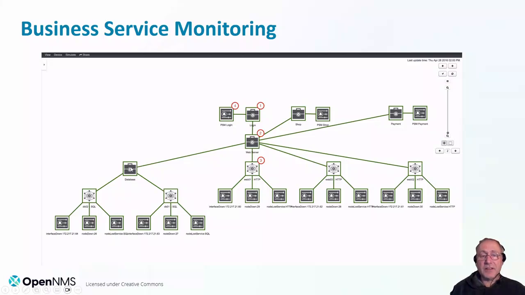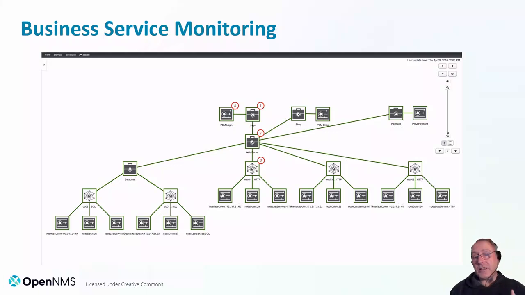If part of the cluster is down, then fine. We know that we have an issue, but it's not actually affecting the service. But whenever all the databases are down, that would feed into a major alarm going up into the system to say that there's a business service that's down.